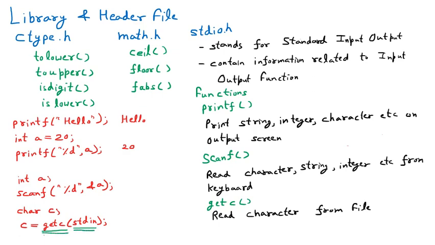So that complete line will read the character and that character will be stored into the c. And we know that this c is the character type variable. So if some file is open, then we can read out the character from that file with the help of getc function. And we are having the next function, that is the putc.